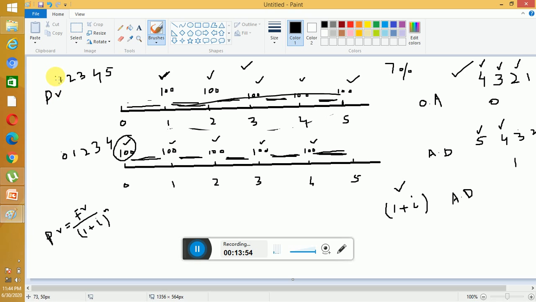So see here, in ordinary annuity, one time discounting; in annuity due, 0 times discounting. For the second payment in ordinary annuity we take 2 years, but here we discount it 1 time. So in this way, all these values in ordinary annuity have 1 more time of discounting.